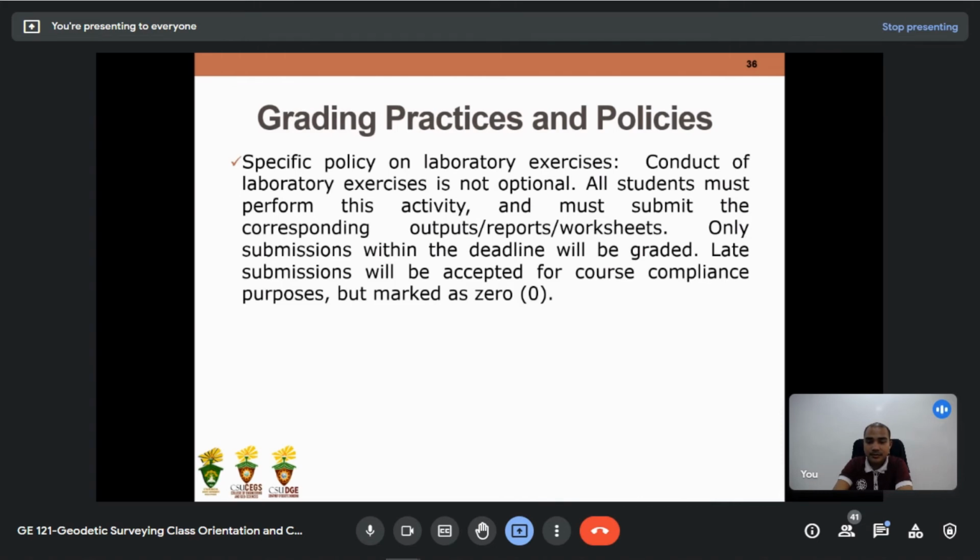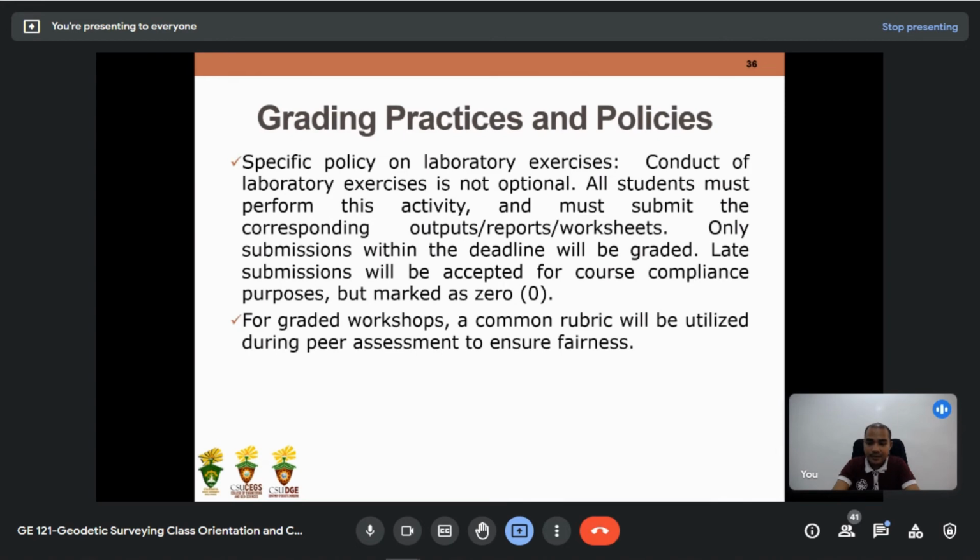Only submissions within the deadline will be graded, and late submissions without a valid reason will not be accepted. Ma-accept siya, pero naay consequences. Example, moingon ko nga sige, comply lang para dili ka ma-INC, pero to be fair to everyone, 0 ang imong score kay wala man kamo abot sa deadline. Pero in that case, dapat naay valid reason, no, nganong wala ka take adto nga laboratory exercises.